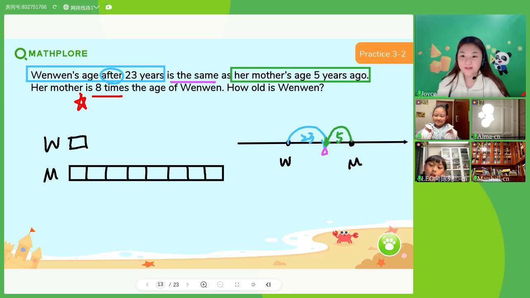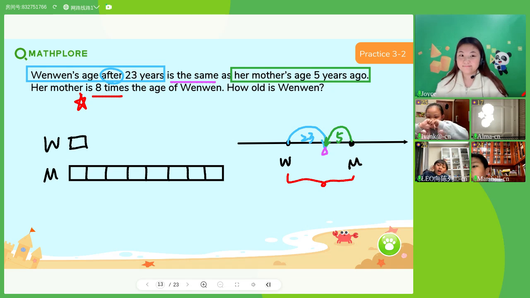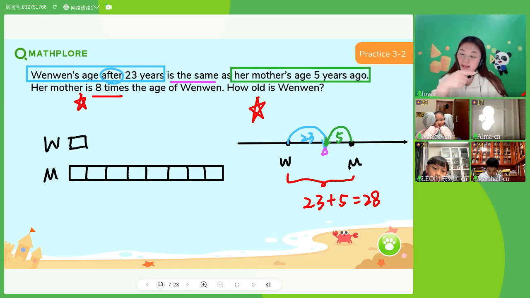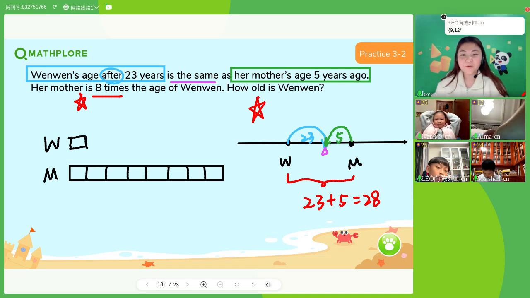So that's how we found the age difference. Can you see what's the total difference between Wenwen and her mother? 28. Perfect. That is 23 plus 5, which is 28. So you really have to remember this kind of method. If you see these kinds of descriptions, we draw the age line to analyze the age difference. Clear?